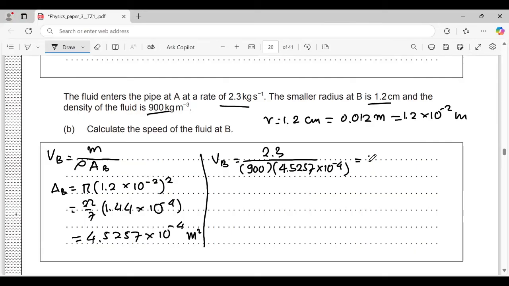The result is 0.00056467 times 10 power 4. And if we calculate, it becomes 5.65 meters per second. So the speed of the fluid at B is 5.65 meters per second.